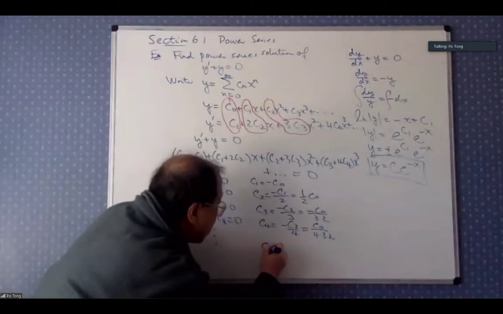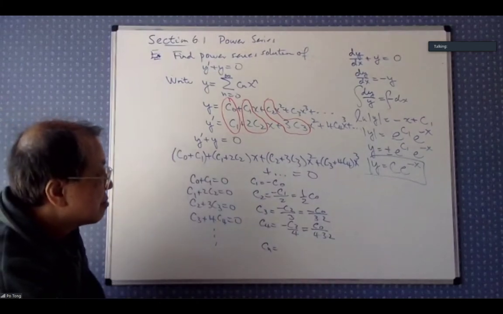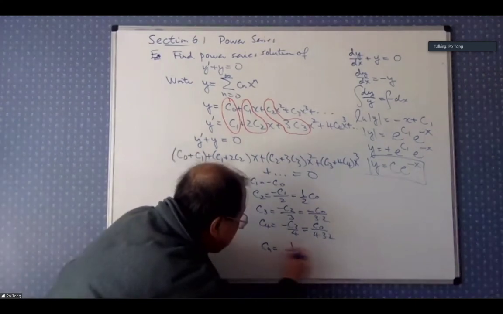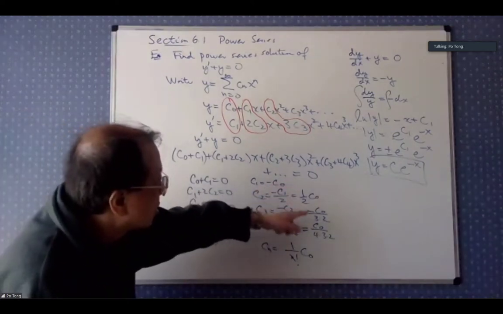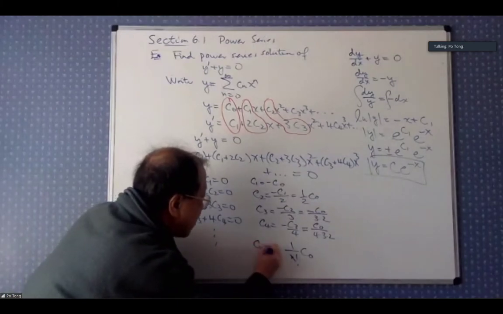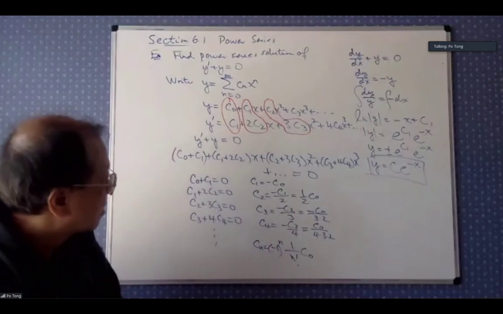So Cn will be some kind of factorial, C0. But then it alternates, right? Negative, positive, negative, positive. So you will have a negative 1 to the power, either n or n plus 1. We have to figure it out.